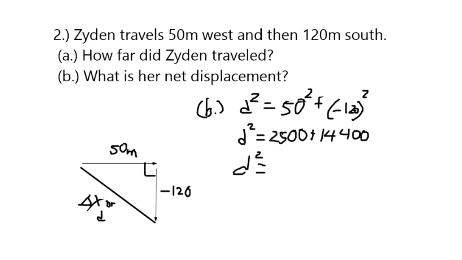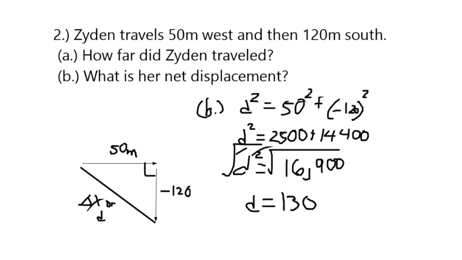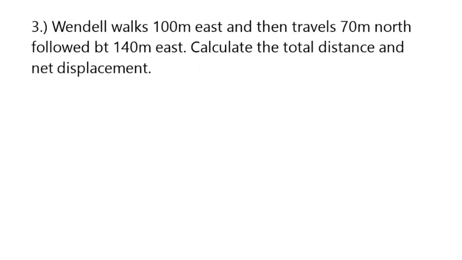So what we're going to do is just add 2,500 plus 14,400, which will give us 16,900. So taking the square root of both sides, so we can just get rid of the exponent. We got square root of 16,900 is 130. So Zayden has a displacement of 130 meters.